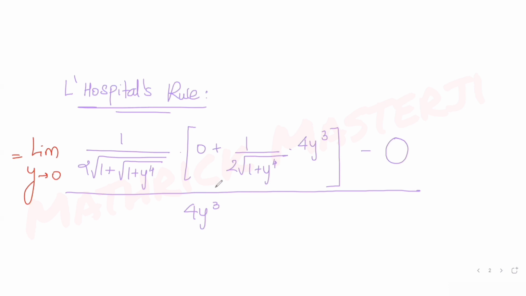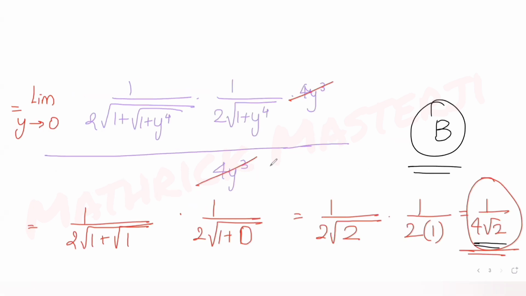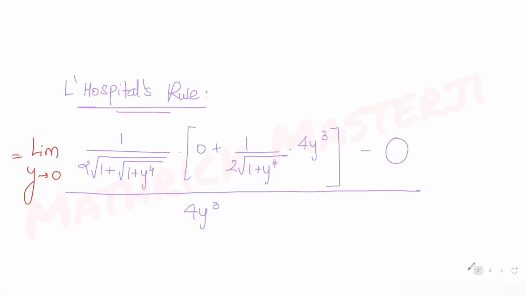Then the 4y cube got cancelled, and once it got cancelled, you do not have that indeterminate form. So you just put the value of y as 0 and solve for the limit, and you understand that the limit exists, as well as its value, 1 upon 4 root 2. So you get the answer for the question as option B.